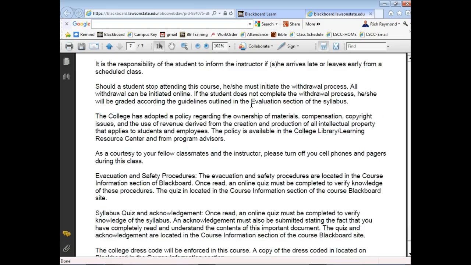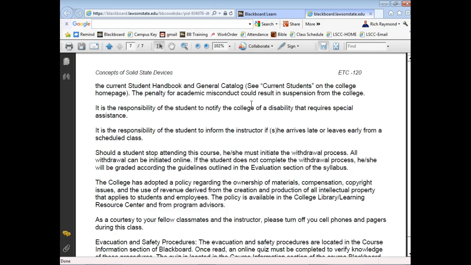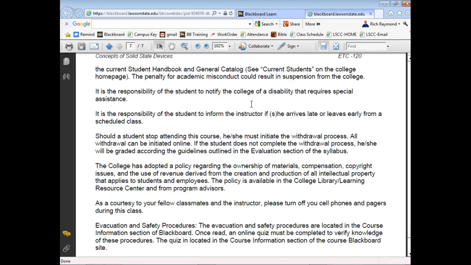So two of the things in notes you really need to understand: if you come in late or leave early, you need to let me know. There's no such thing as excused absences. So if you have to leave early, you don't have to tell me why. You just need to say, "Rich, I need to go." Now I might fuss at you a little bit and tell you we're fixing to go over some important information, but it's still your decision. Don't ask for my permission to leave, because I can't give you permission to leave class.